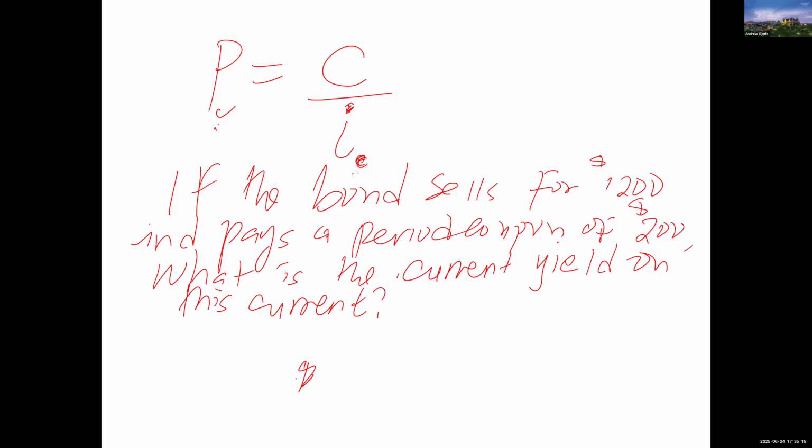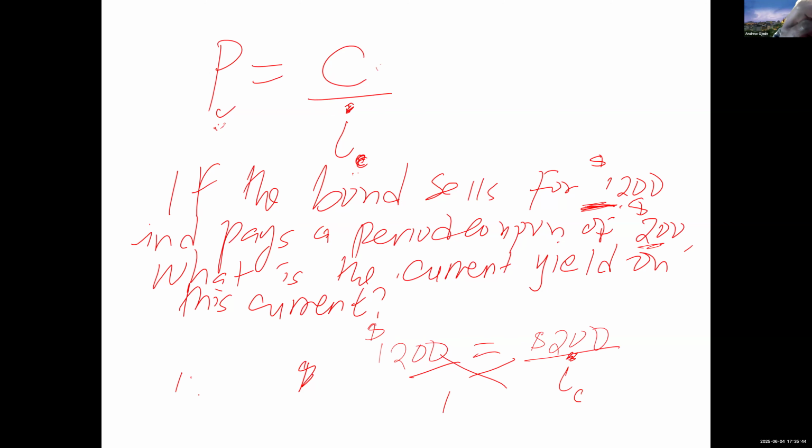So that's very easy. You just substitute in this formula. If the bond is selling for $1,200, that means P is $1,200. So substitute there: $1,200 must equal, or it pays you a period coupon of $200. So the C here is going to be $200. Then we're solving for the current yield on that console. So you cross multiply.